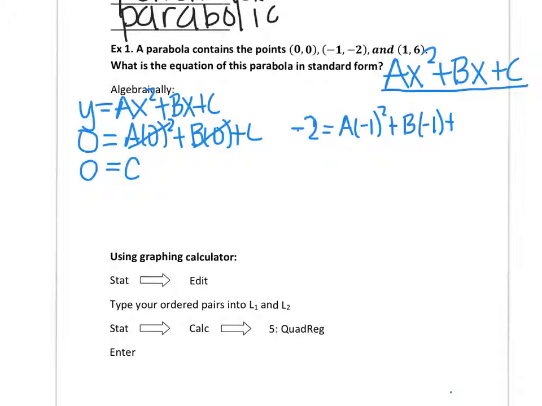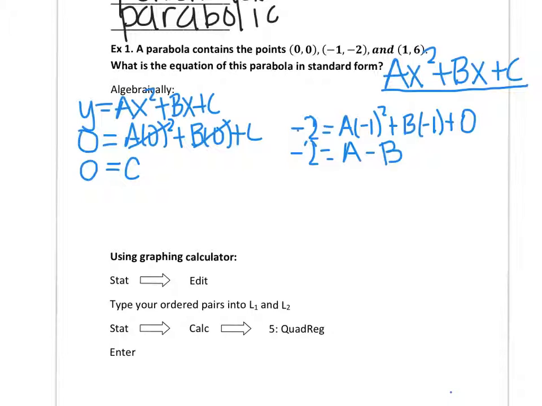I know C is 0. So instead of writing C, I'm going to go ahead and put in a 0. So what this leaves me with is -2 equals A, because -1 squared is 1, and 1 times A is just A. B times -1 is -B. So this is one equation.